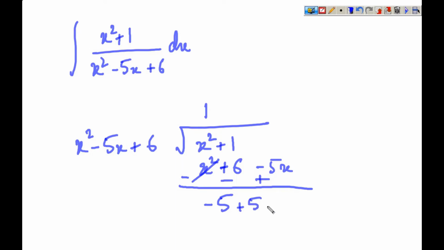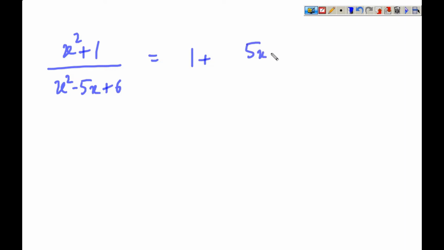plus 5x. So I can rewrite the rational function x squared plus 1 by x squared minus 5x plus 6 as 1 plus 5x minus 5 whole divided by x squared minus 5x plus 6. So we have simplified it a bit, and now we try to simplify it again.